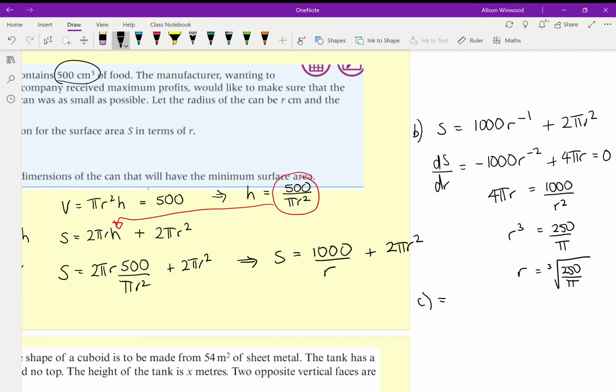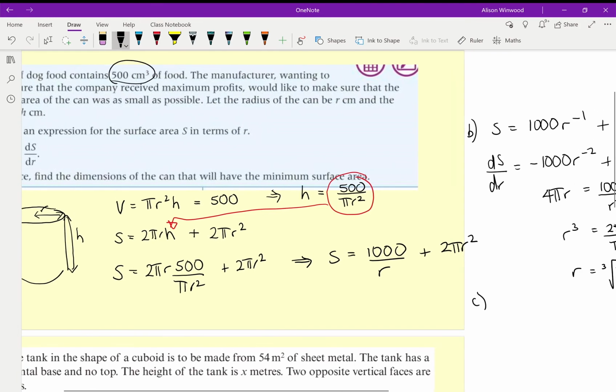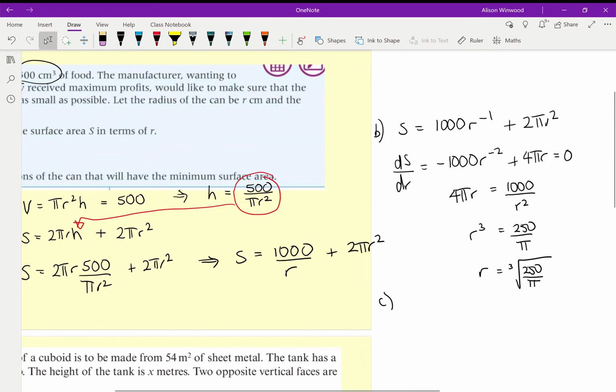Actually it wants the dimensions of the can, so we've already found the radius, and we then want to find the height as well, which is 500 over pi r squared. So we can now dig out the calculator and find out what our radius is.